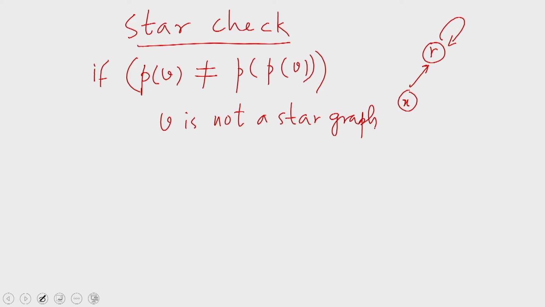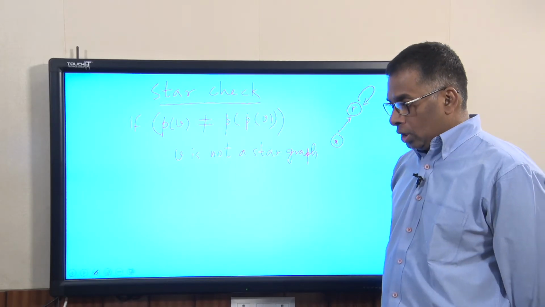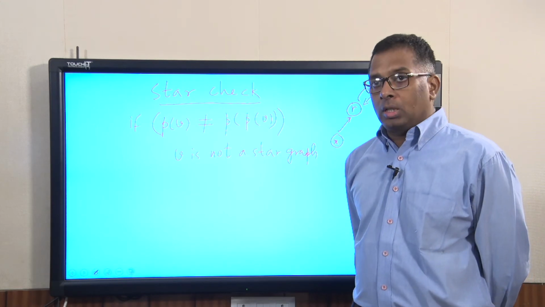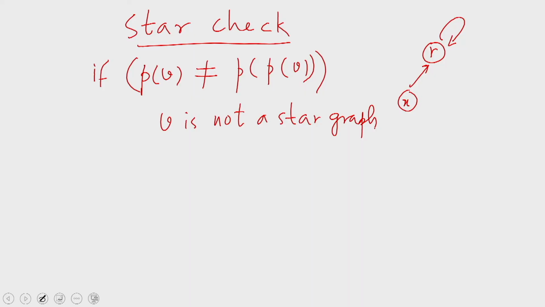So, this can be established in order of one time. Once this is done, every vertex other than the roots and children of roots know that they are not in star graphs. Now, the roots and the children of the roots have to find out for themselves. This can be done easily. If V is not in a star, then V has a grandparent which is not the same as V.